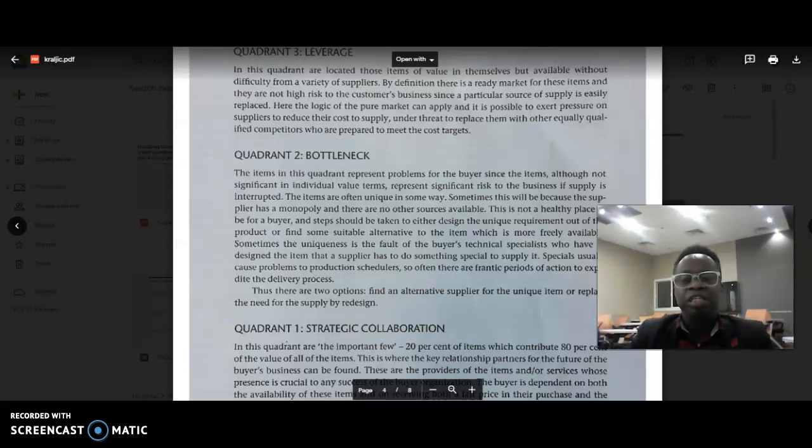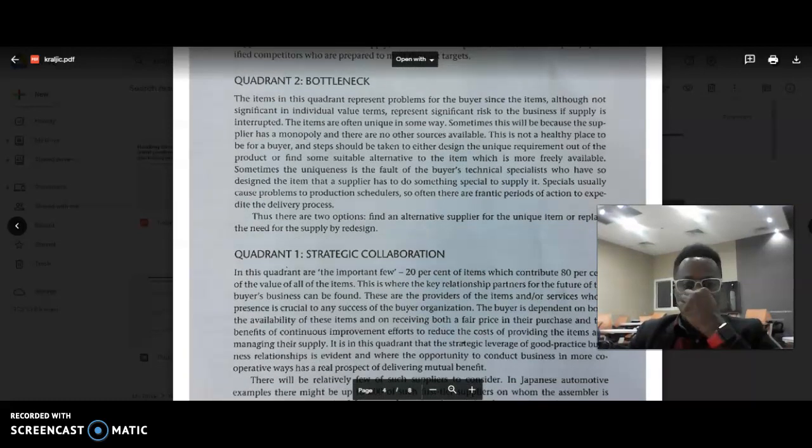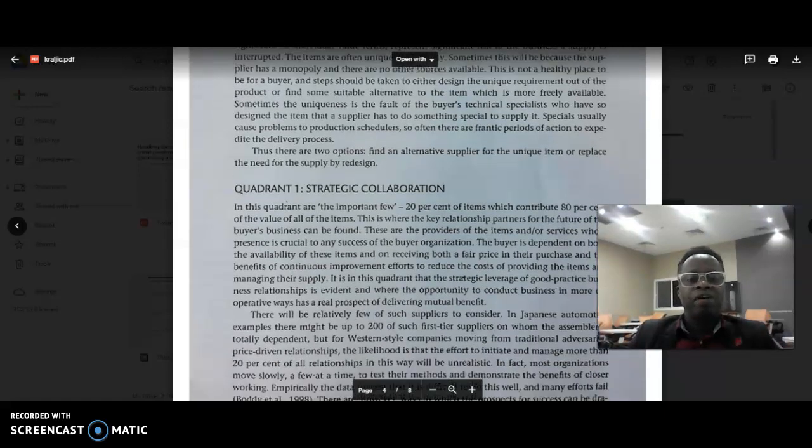Okay, that might be the case. This is not healthy for the supplier. This is not a healthy place for the buyer to be, right? And you may take steps to reduce the risk of that, or to get yourself out of that quadrant, right?